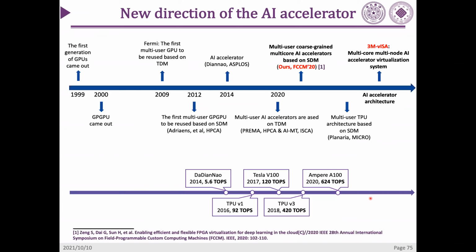So since last year, some people are trying to make multi-user AI accelerators using time division multiplexing, and we are trying to give a method based on space division multiplexing. And also people are looking at this problem. I was just trying to show you the problem, and you can look at these papers; it is a very, very interesting direction you may try to look at.